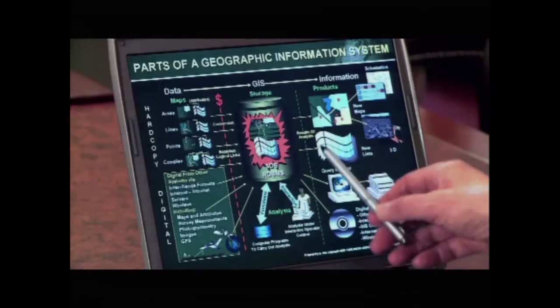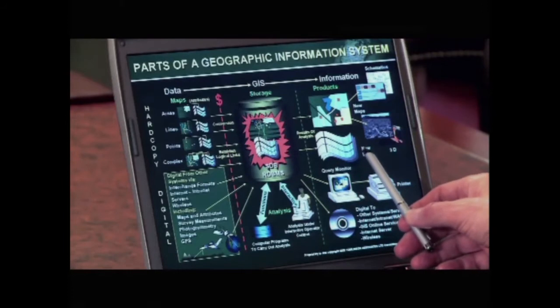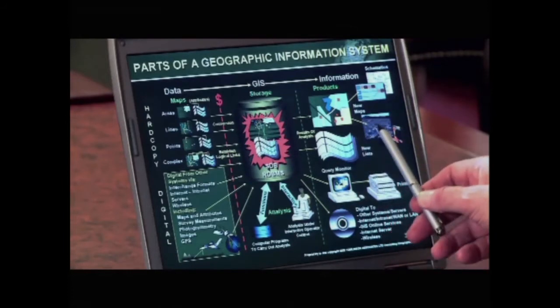Information products may be a new map that you want to produce showing you where to buy a new house or where to plant a new type of crop. Or it may be a list of data coming out, names and addresses of people who must be informed that there's going to be a change in zoning, for example.